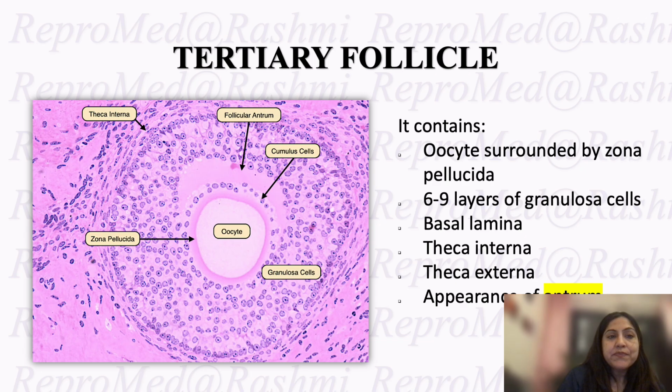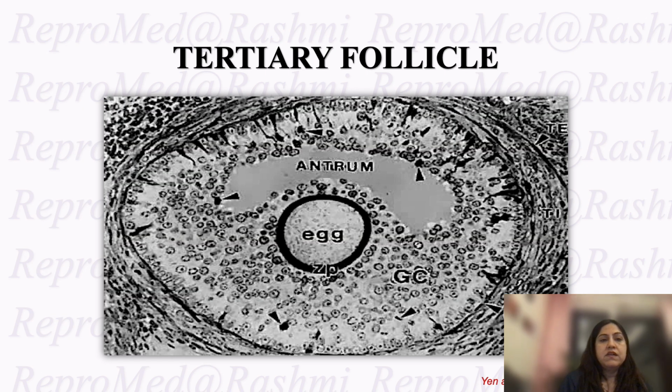Basal lamina, we can see here, and these are all granulosa cells. And there is theca interna and theca externa. This one is labeled theca interna, and the outer one is the theca externa. And there is appearance of the antrum. We can see here, this is the antrum. Again, we can see there is antrum.